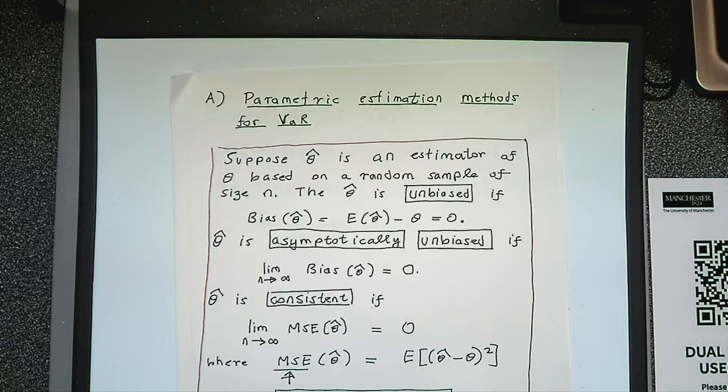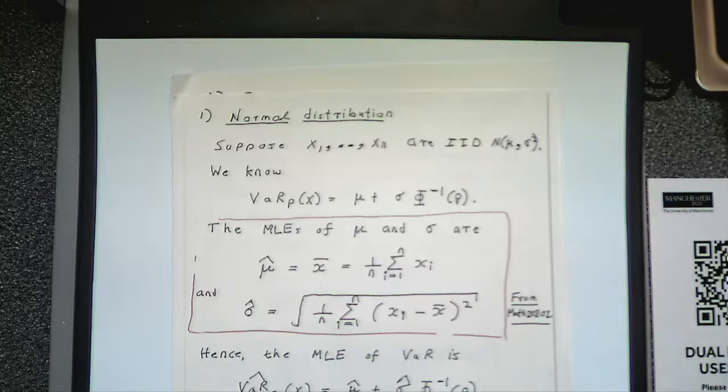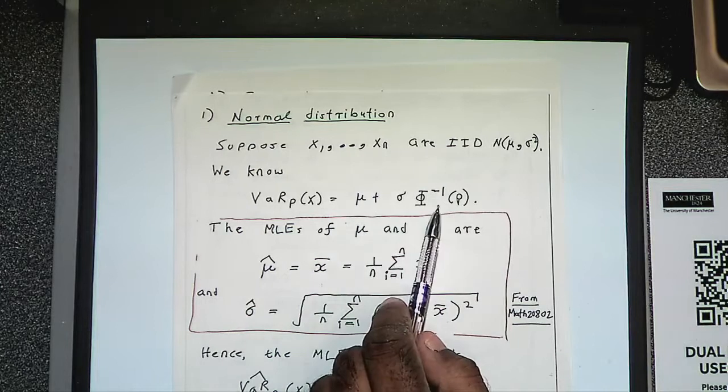There are three kinds of estimation methods, and I'm going to focus now on the parametric estimation method. Suppose the losses are IID normal with parameters mu and sigma squared. We know from last week that the formula for VaR is given by this.